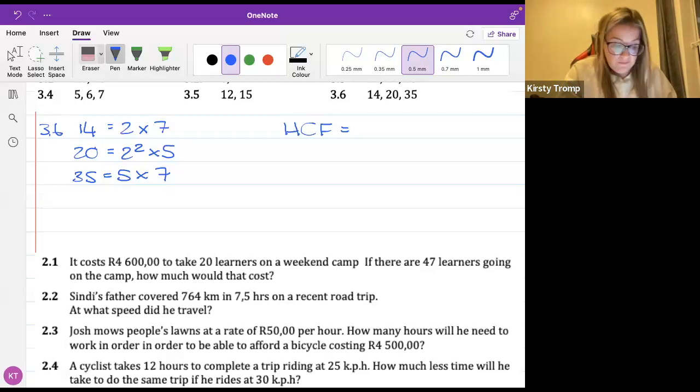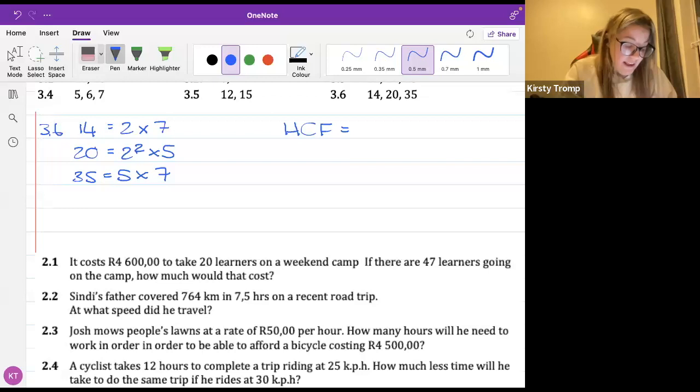So if we're doing the HCF first, okay? So let's do the HCF together, you and me. So for these numbers, I see a 2, and I see a 2. Do I see a 2 in the last one? No. So can I put a 2 in the HCF? No, I can't. Well done.